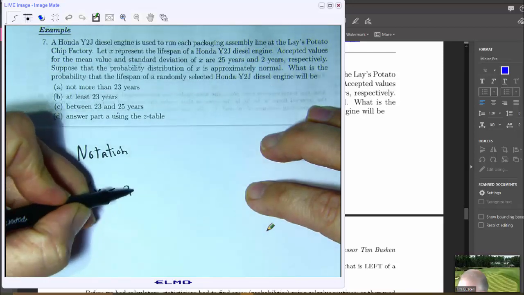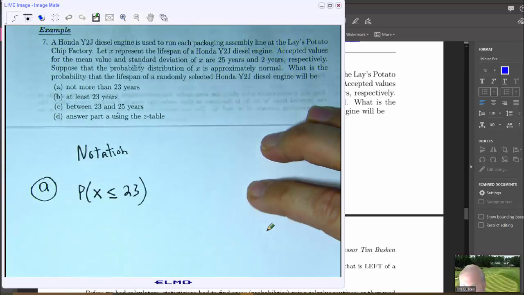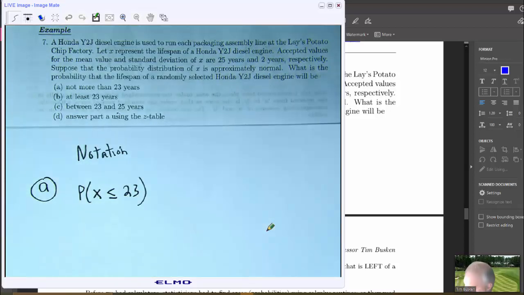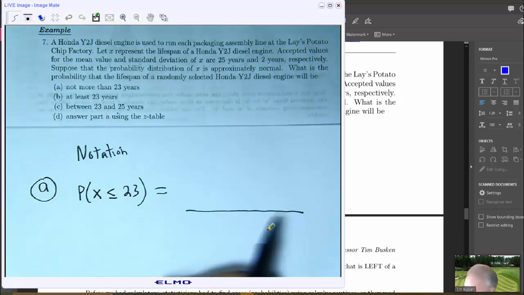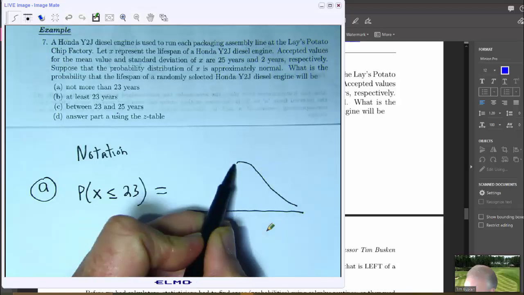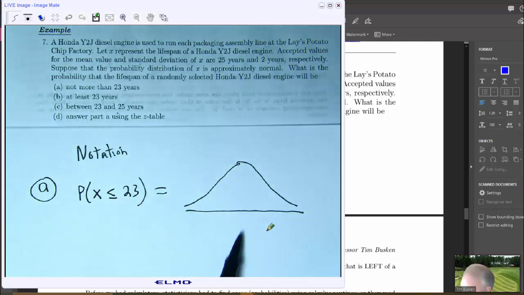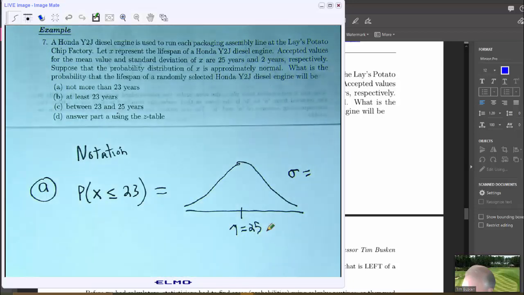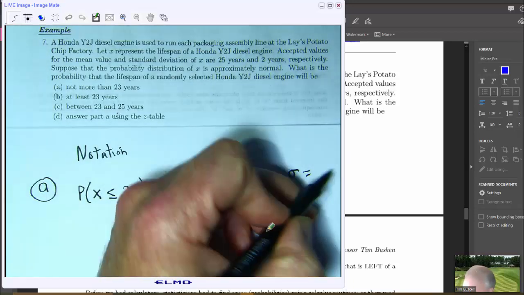So the notation that we use for that question is the probability x is less than or equal to 23. That's equal to an area underneath the normal curve, and that normal curve is centered at mu equals 25, because we're told in the statement of the problem the average lifespan is 25 years. We also know the standard deviation is 2 years.